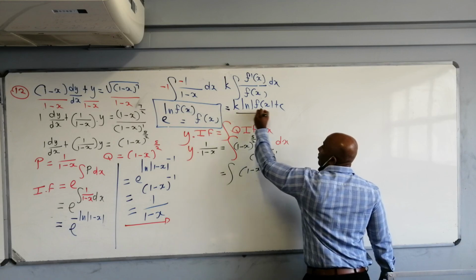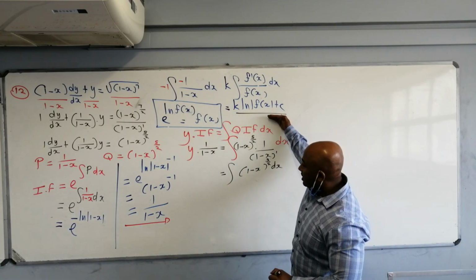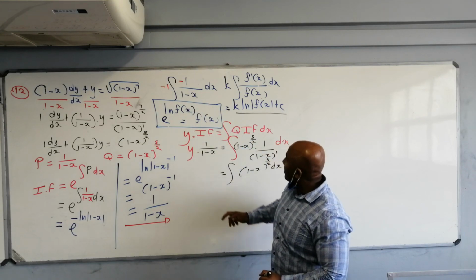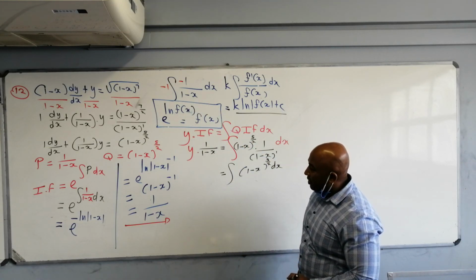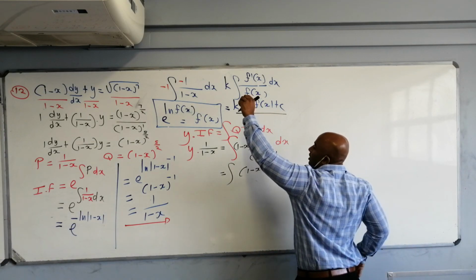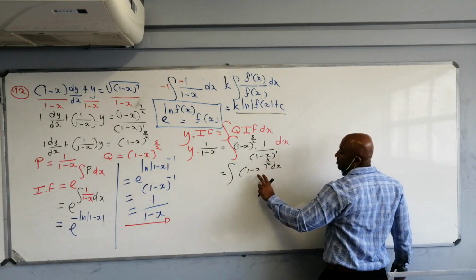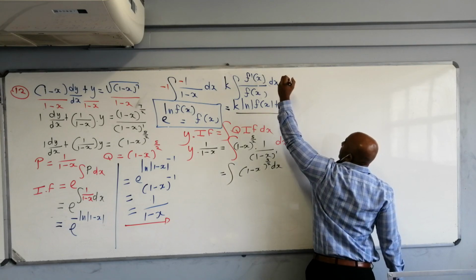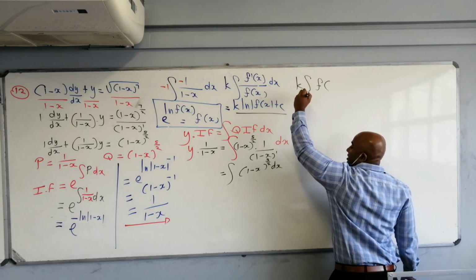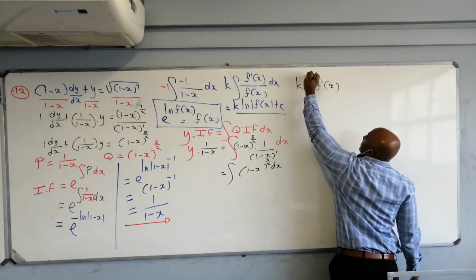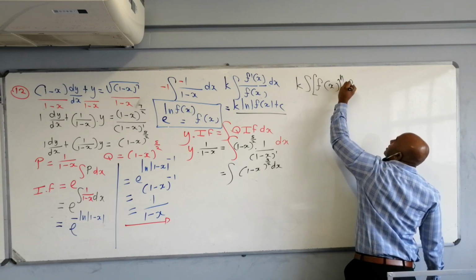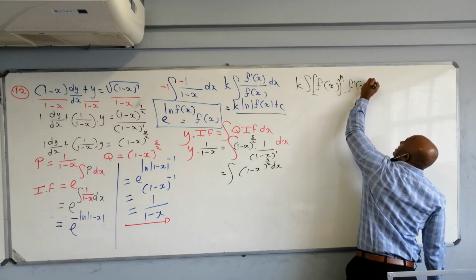So this we're done with. This here applies. Where is it? Here. So now, what do we have here? We have this type: k times f of x to the power n times f prime x dx.